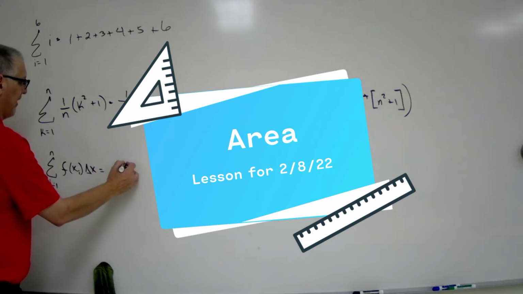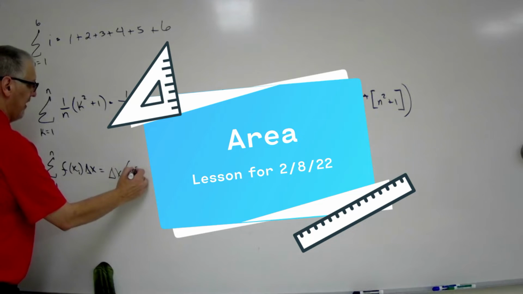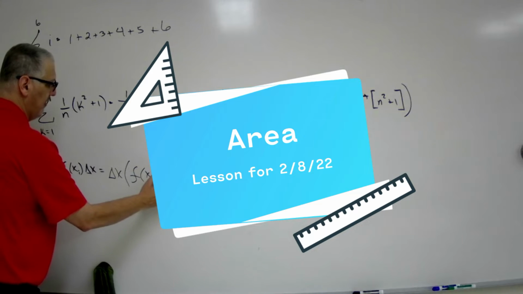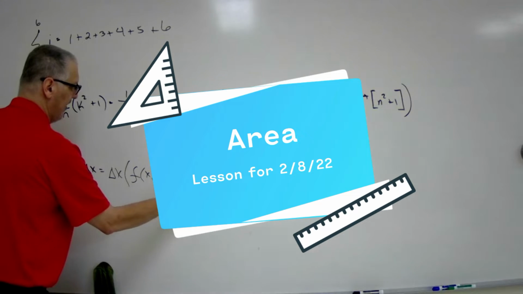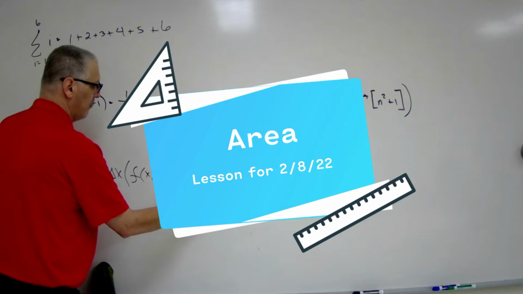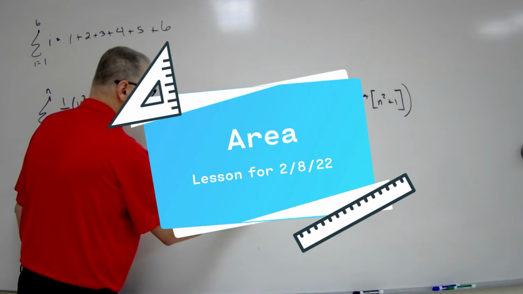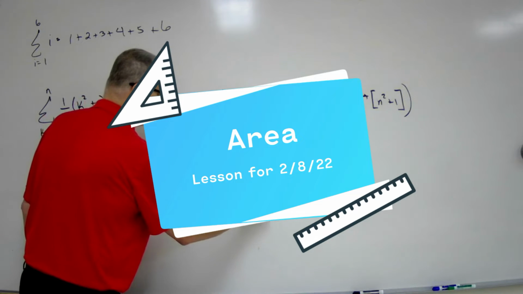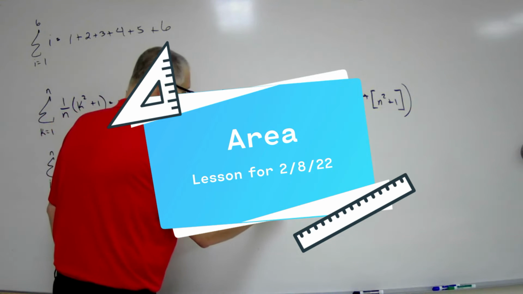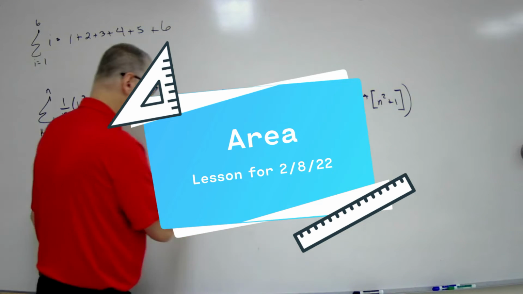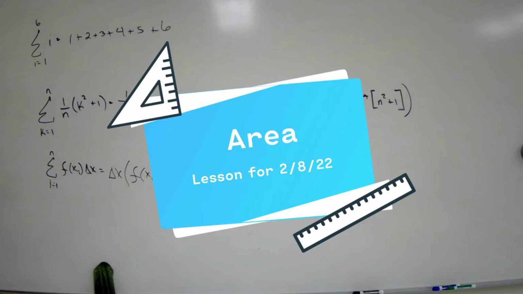And I'm going to multiply it by f of x sub 1 plus f of x sub 2 plus ... plus f of x sub n minus 1 plus f of x sub n. Done. This is all about expanding.